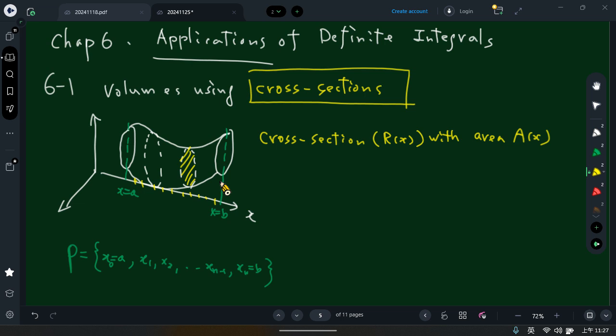So when we cut it at some specific x, we call it cross section R(x), and its region size is A of x. So different x can have a different cross section with different area size.